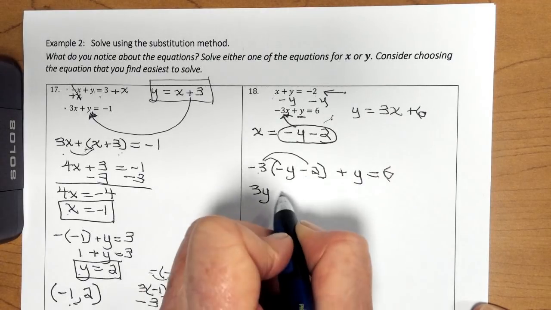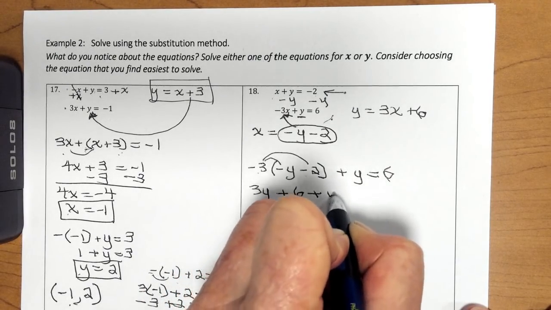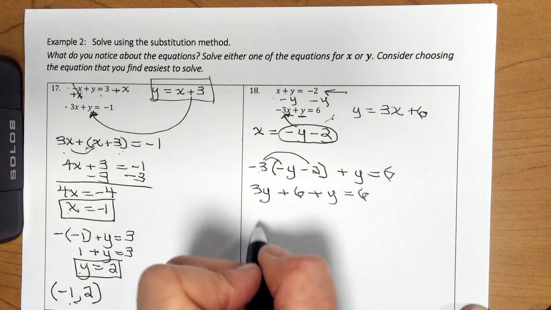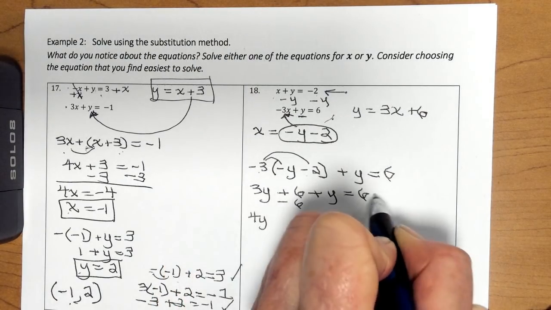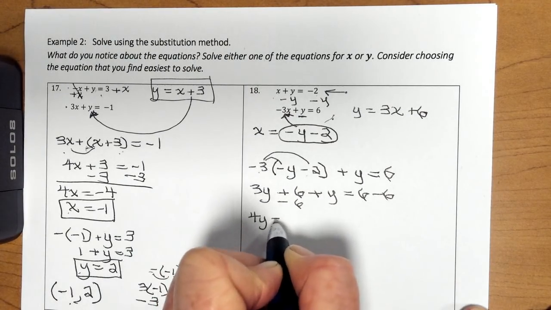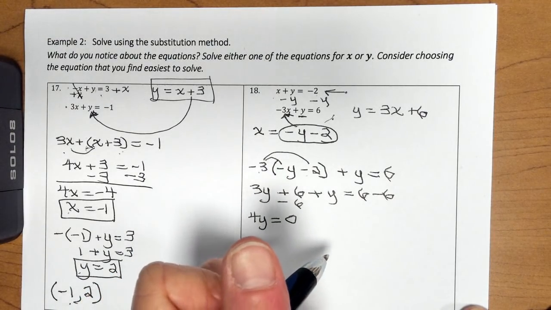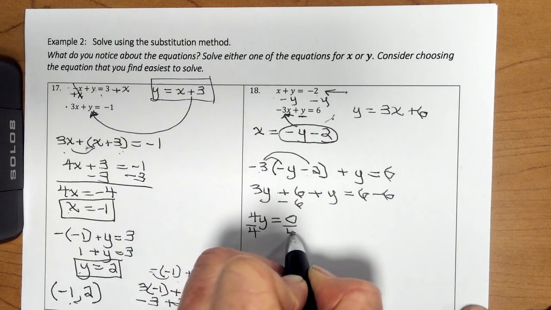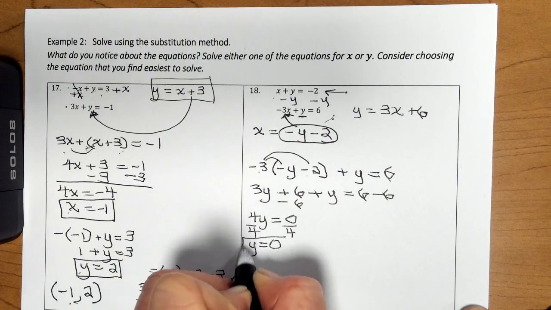Negative 3 times negative 2 is plus 6. Plus y is equal to 6. Combine like terms, and I get 4y. I'm going to subtract 6 from both sides. I'm going to get 4y is equal to 0. Take a look there. That's pretty cool, right? I love zeros. So dividing both sides by 4, I get y is equal to 0.